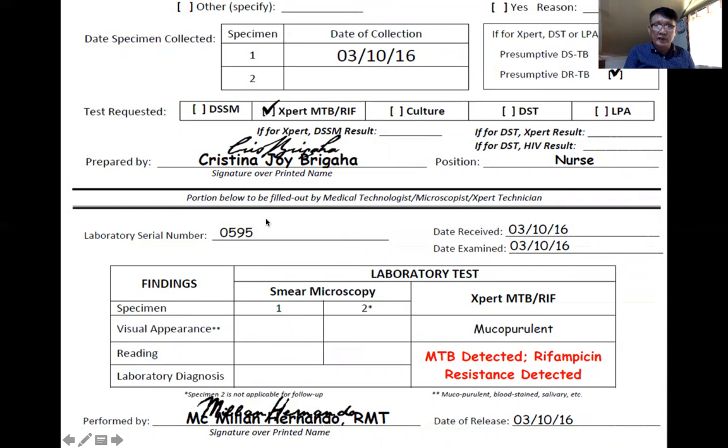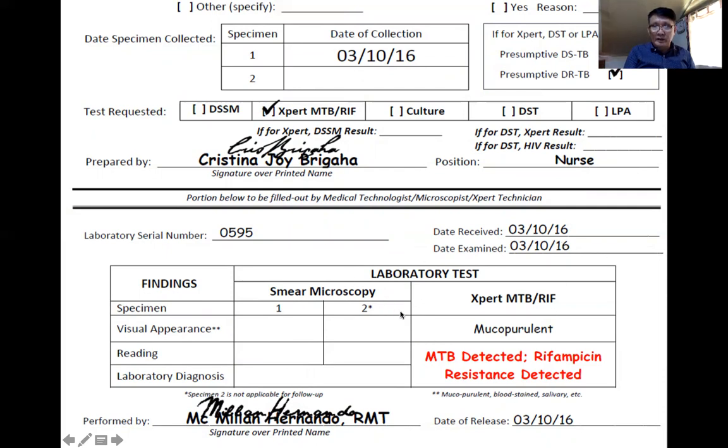So they're going to indicate their laboratory serial number. And then they also need to indicate the date they received the specimen and the date they examined the specimen. Okay, so below is already the result of our tests.